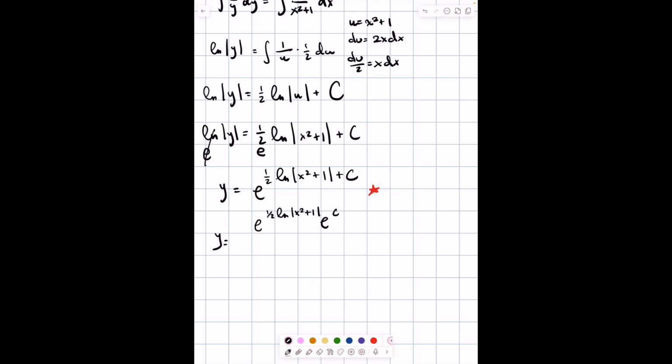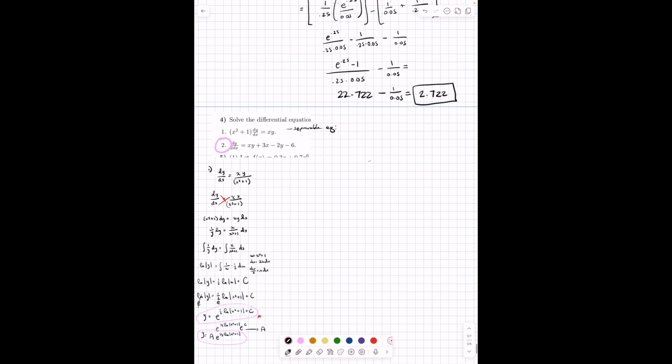And so we could just replace this with a different constant. So this is the final answer. And then obviously you could do more simplifying, but I don't think that's necessary. I think this is fine. This one or this one. So that's how you solve the first one.